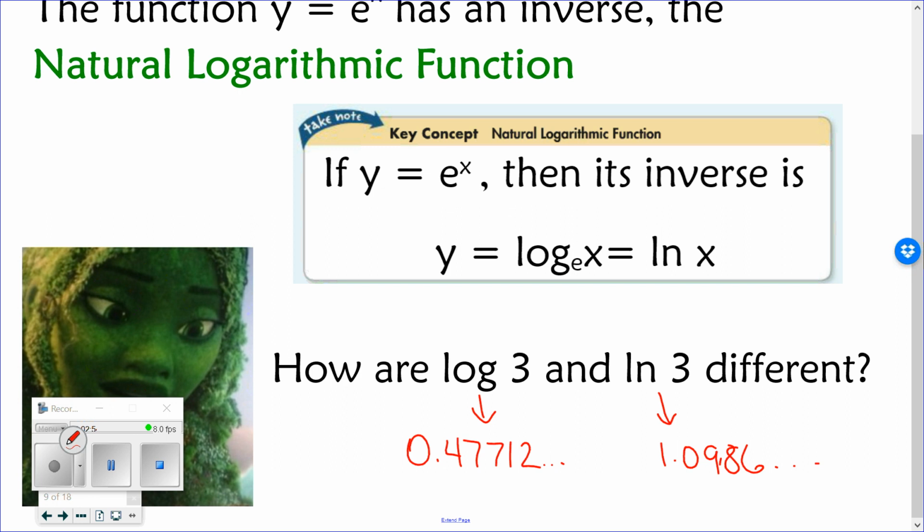So let's ask the question, what are they really asking you? So what's the base here? 10. So this is asking you, 10 to what power equals 3? That's what that asked you. What is this asking you?